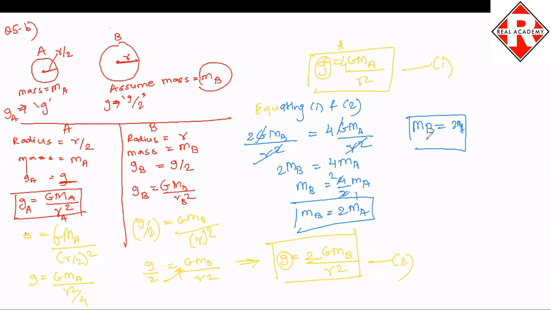I hope it is clear. So again, we have used another formula from the list of formulas, that is for acceleration due to gravity, GM upon R square. So this was the second numerical.